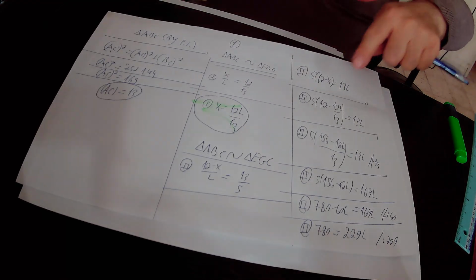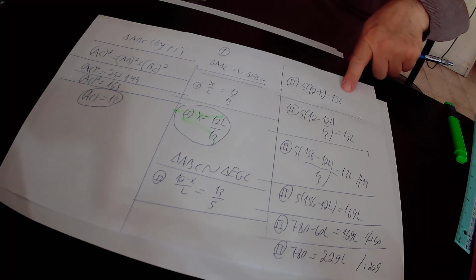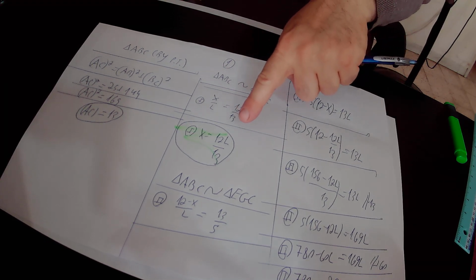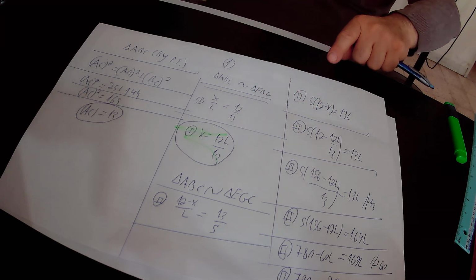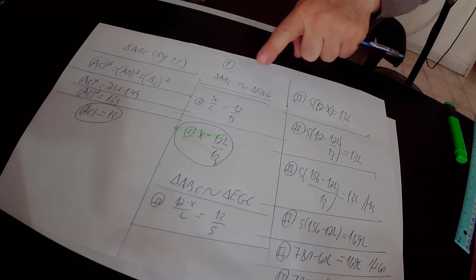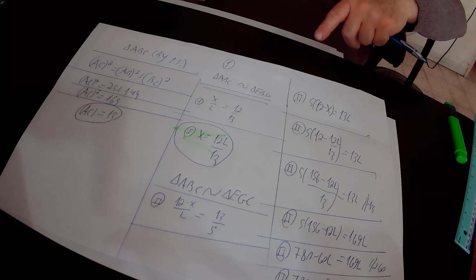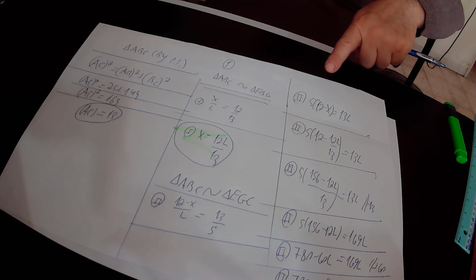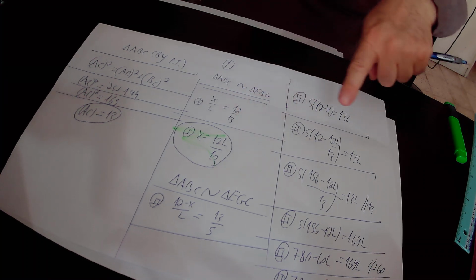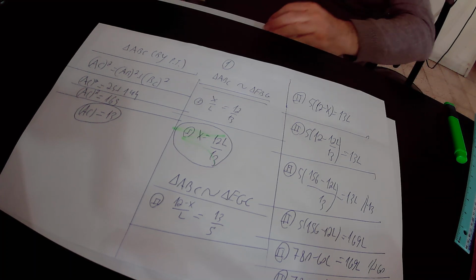Here we cross multiply equation 2 and find that 5 times 12 minus X equals 13L. According to equation 1, X equals 12L over 13, so we substitute X in equation 2 by the value of X from equation 1. We get 5 times 12 minus 12L over 13 equals 13L.